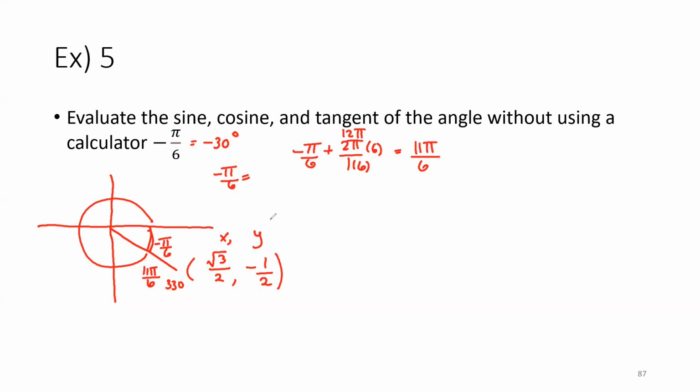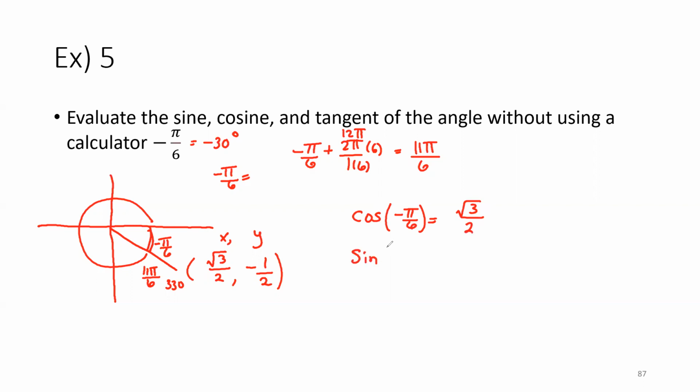Okay, so find cosine, sine, and tangent. So let's do sine of negative pi over 6. Actually, let's do cosine first. So cosine is the x coordinate. So that would be radical 3 over 2, because it is a degree within the unit circle.